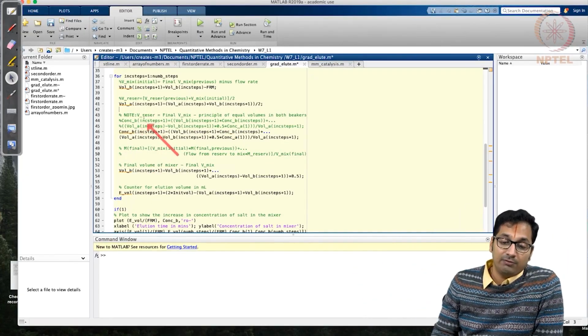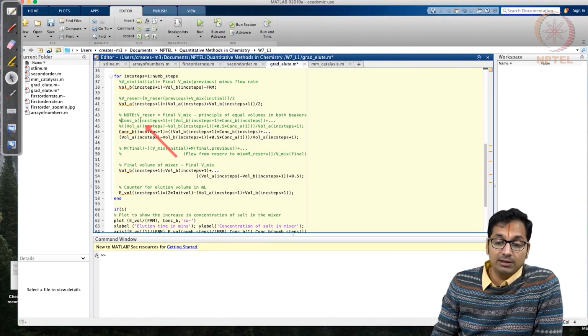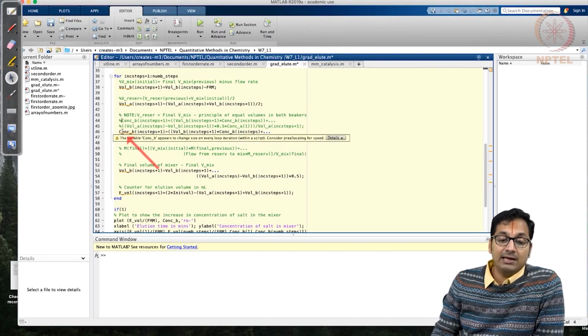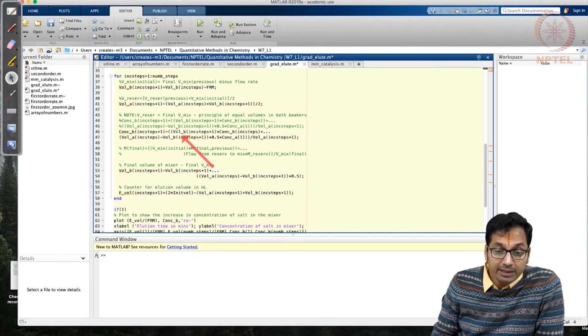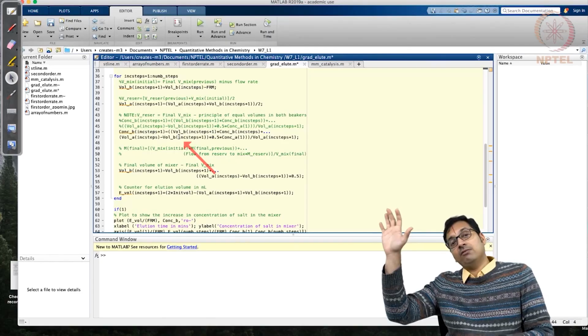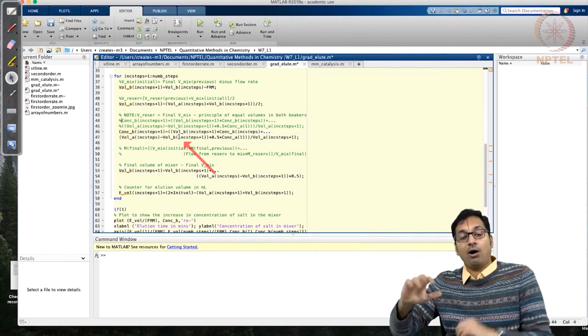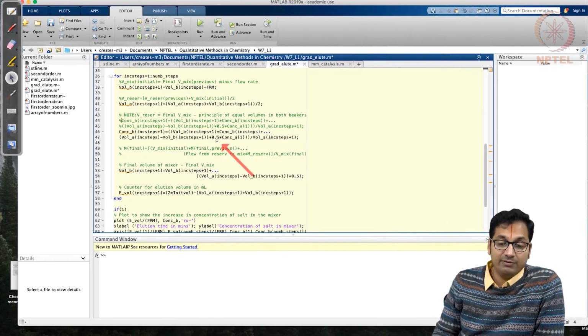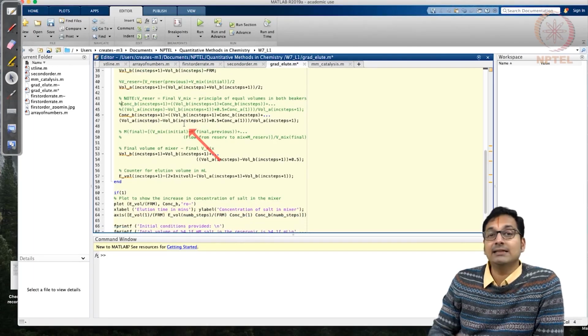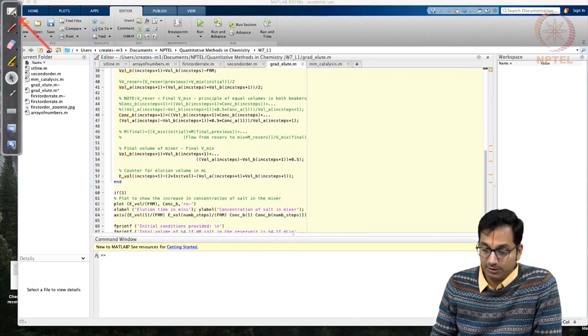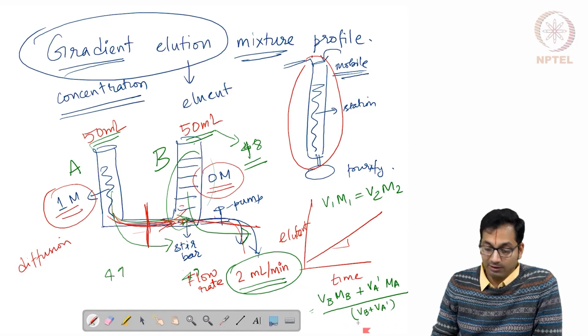If you take a little bit of time, where the comment also gives how the equation is calculated, you will understand. The concentration of B in the next step has to be volume in B, VB times MB, plus volume A minus volume B, basically 49 minus 48, how much flows in, times half of it, times concentration of A, divided by the total volume that you have calculated in A. So basically this is the formula that I just wrote here in a very quick fashion.